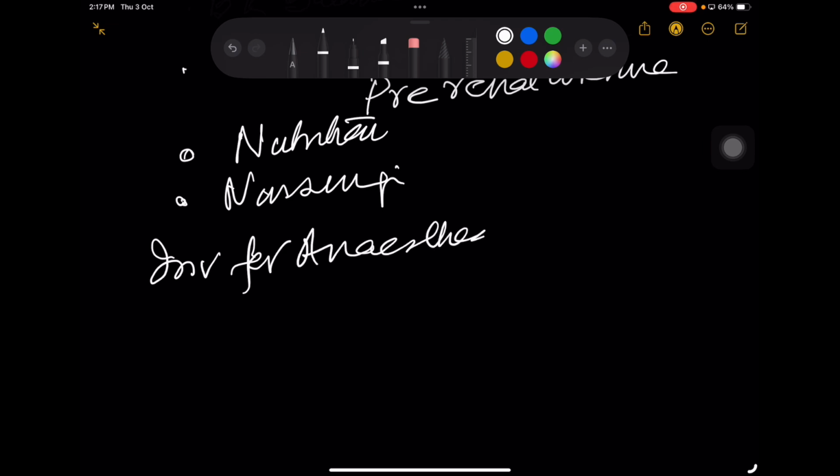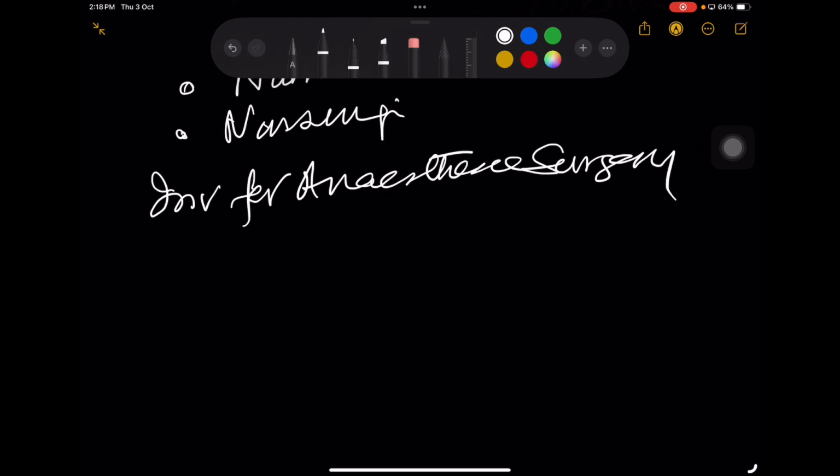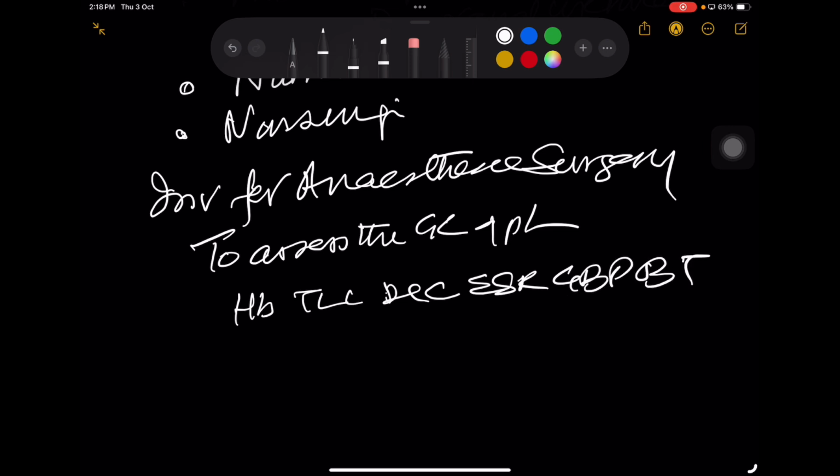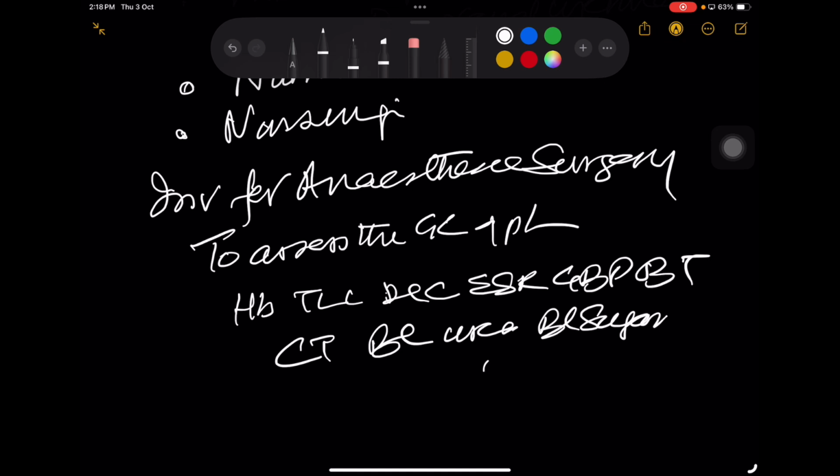Okay? Then you must investigate for anesthesia and surgery. And what I used to do, I have mugged up the pre-operative investigations. So to assess the general condition of the patient, I will do hemoglobin, TLC, DLC, ESR, GBP, BT, CT, blood urea, blood sugar, urine and stool examination.